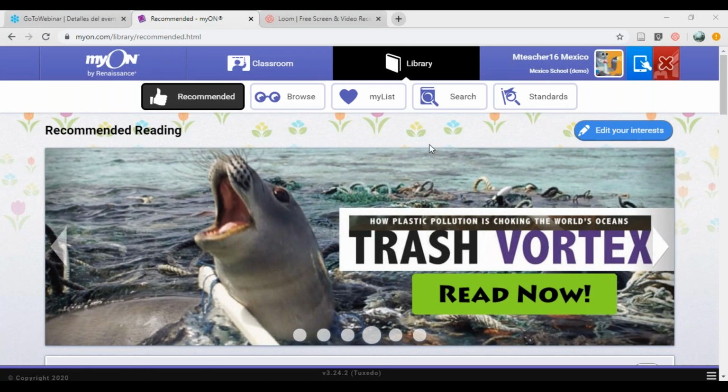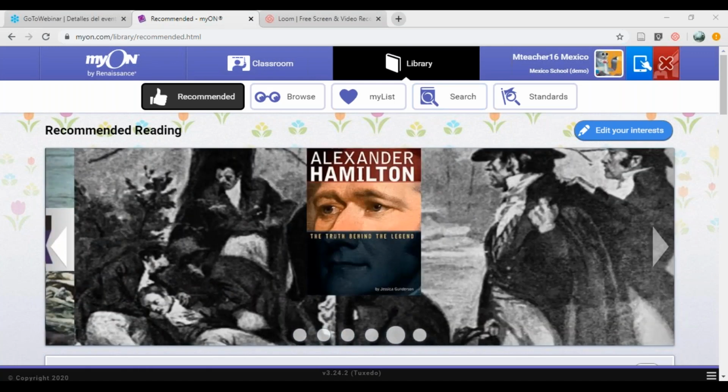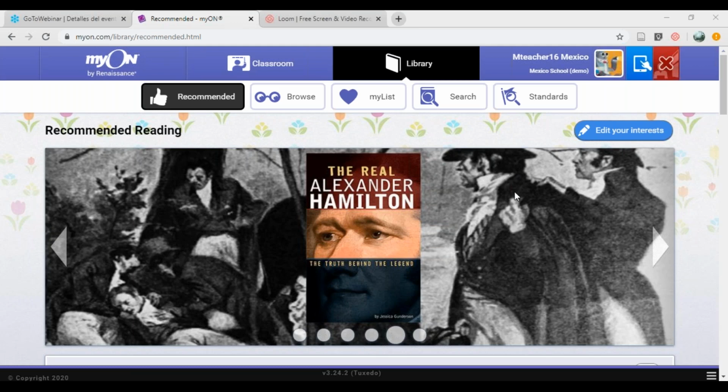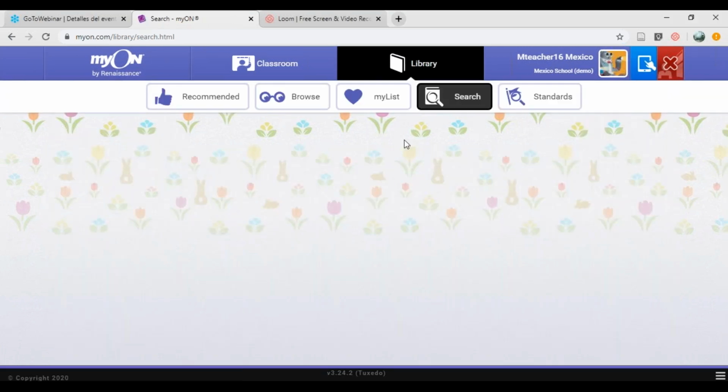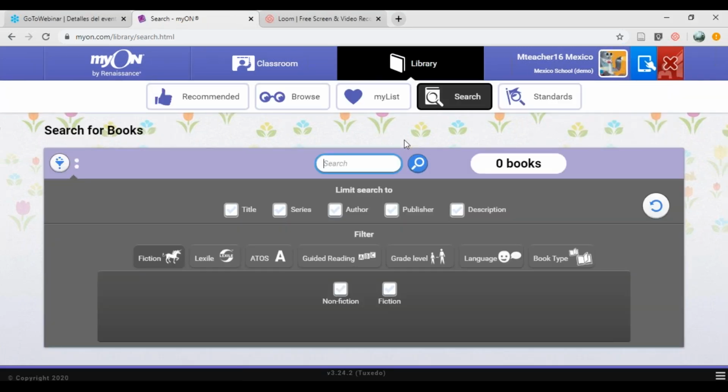And I am going to select a book that can help me with this. So for example, my grammar point was WH questions plus simple present. I am going to click on the search section, and I am going to start searching for books.